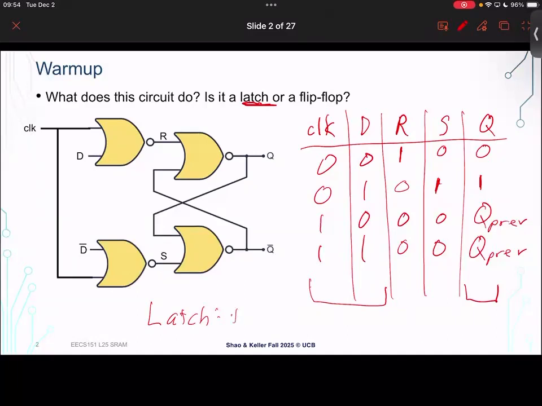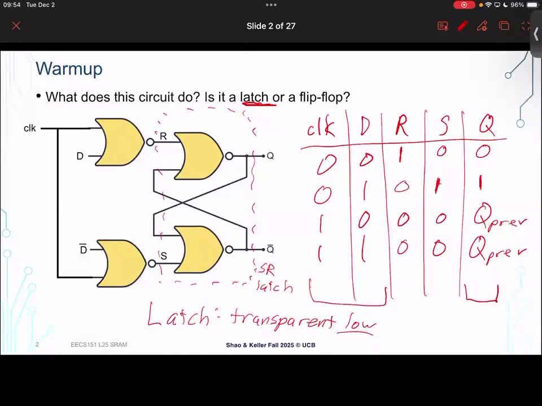So this is the opposite flavor of what we mostly looked at last week. But nonetheless, it's a latch. For those of you current on the discussion, you'll recognize this part of the circuit as something called an SR latch. S for set, because it forces the value to 1.